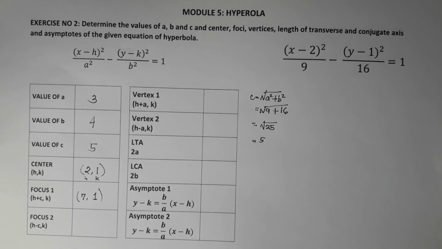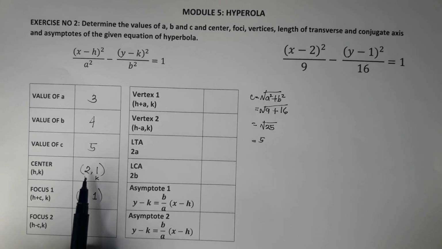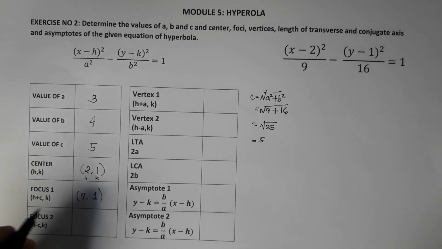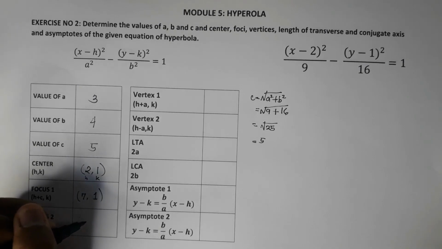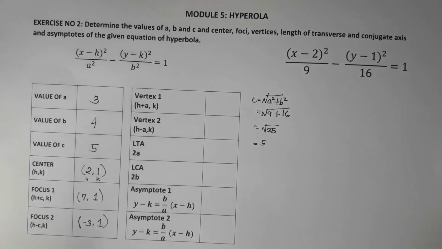Alright. Next, we have our second focus, which is H minus C. Okay, so H minus C. Sorry, my H is at 2. 2 minus 5 is negative 3, 1. Okay, can you follow? Next, my vertex now.